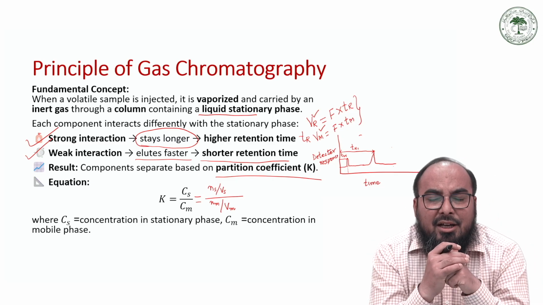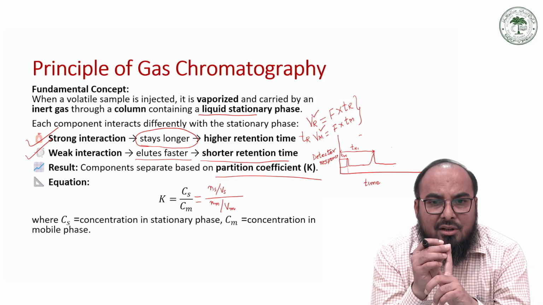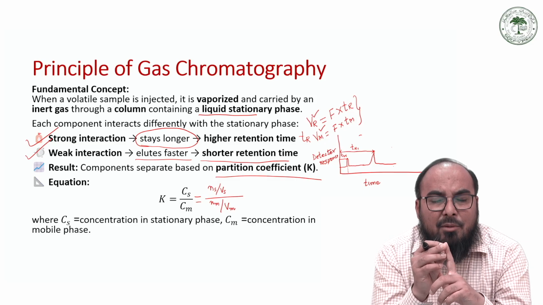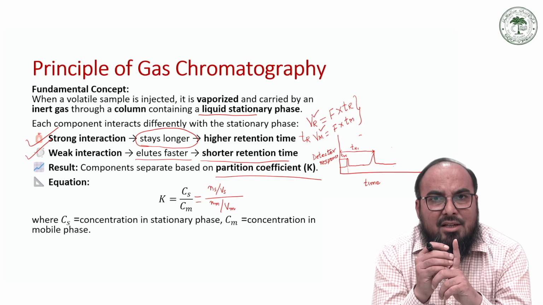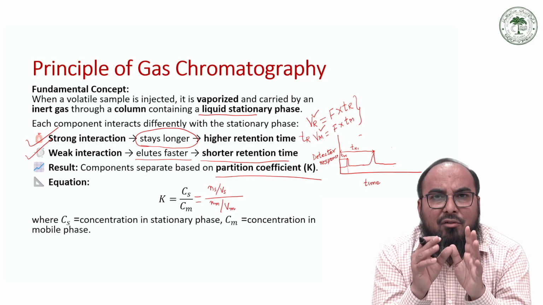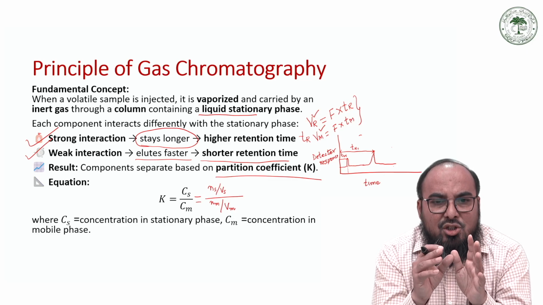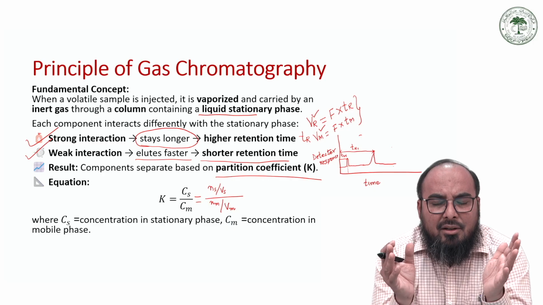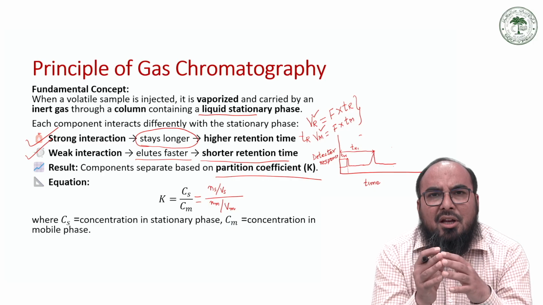So you can define it in terms of number of moles of solute, that is Ns, divided by volume of stationary phase upon number of moles of solute in the mobile phase upon volume of mobile phase. So you can actually define this partition coefficient in a number of ways.